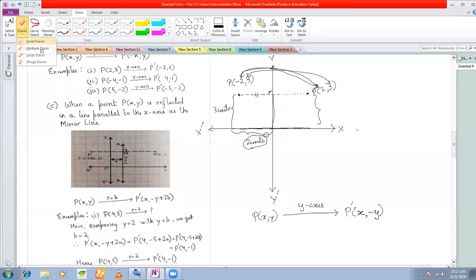Sorry, I wrote the reverse earlier. The sign of the x coordinate is changing, so from x it becomes -x, and the sign of the y coordinate remains the same. Understood? That is what you need to remember.